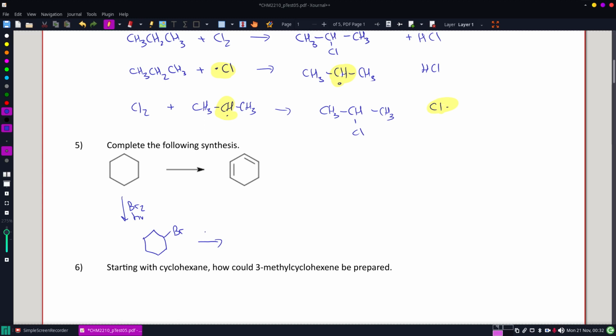Probably do this with just some OH and some heat. But just to make sure we don't get any substitution products, let's go with a bulky base. That will give us a simple alkene.